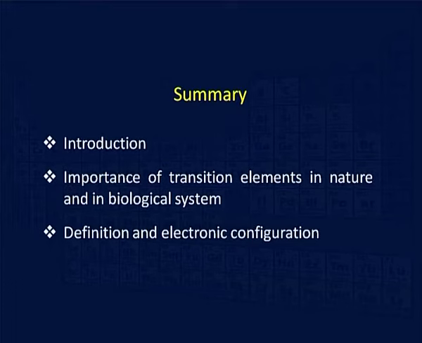So, in this lecture I have introduced the transition elements to you. We have also seen the importance of transition elements in nature as well as in biological systems, and we have also seen the IUPAC definition of transition element and why they are called transition metals.